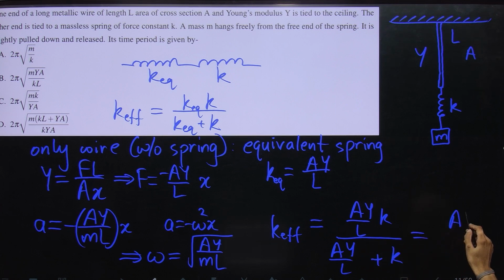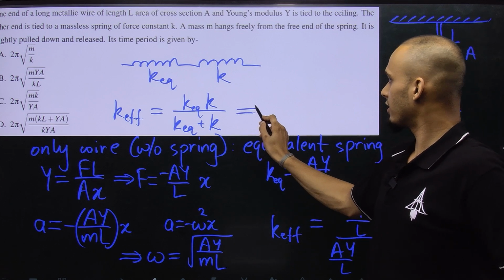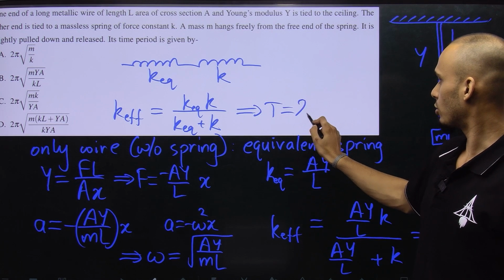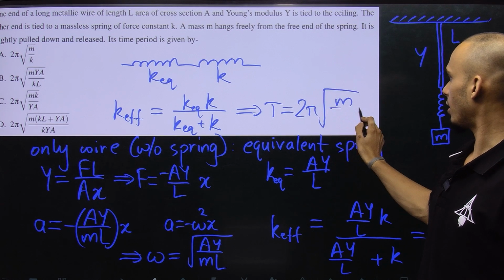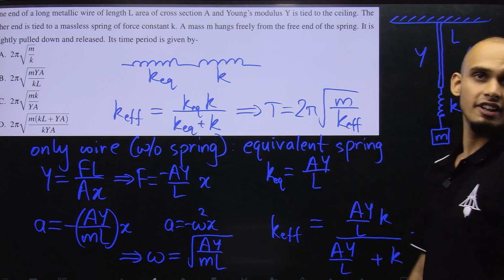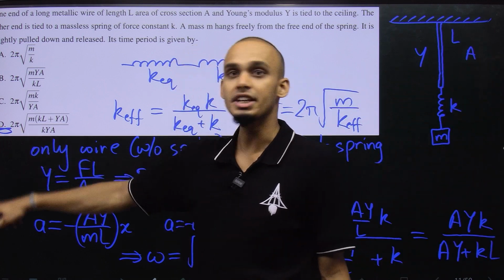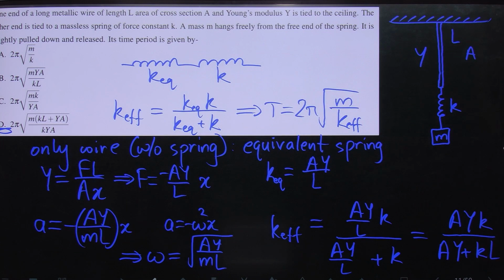So we get A into Y into K upon AY plus K into L. This will be the effective spring constant, and the time period will be equal to 2 pi root m by k. So 2 pi under root m upon k effective will be the time period of oscillation of this block if we displace it with some displacement x, which is of course, if we multiply m over here, matches with option D once again.